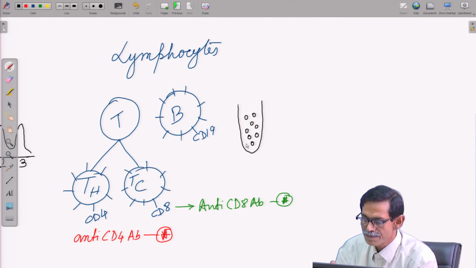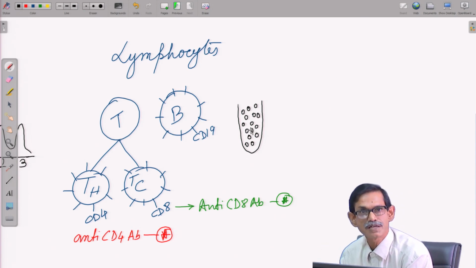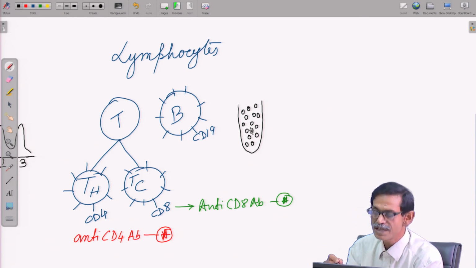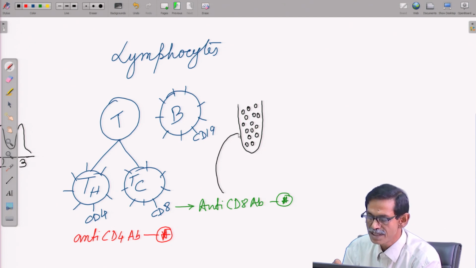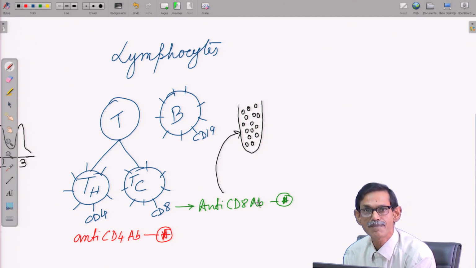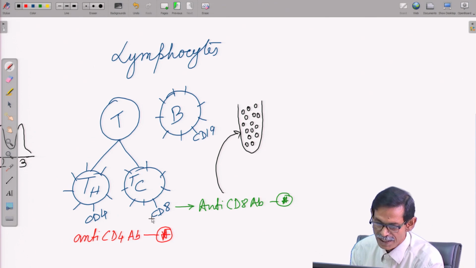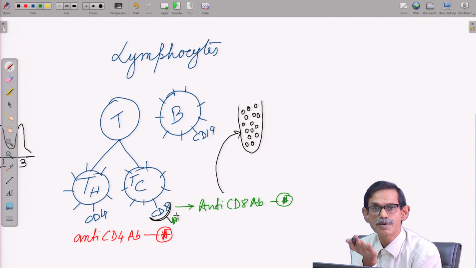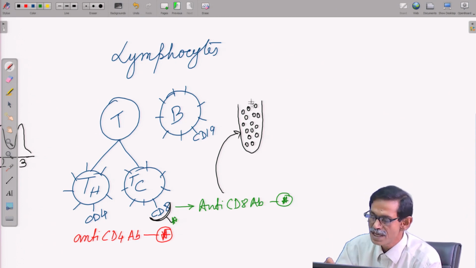So, it is a mixture, and there are a lot of other cells also. Say you isolate the lymphocytes, NK cells are also there. So, now here in this cell mixture, if you add the antibody, what will happen? The antibody will go and bind here, which is green. So, under a microscope or fluorescence microscope, what we will see is some cells you will see green.